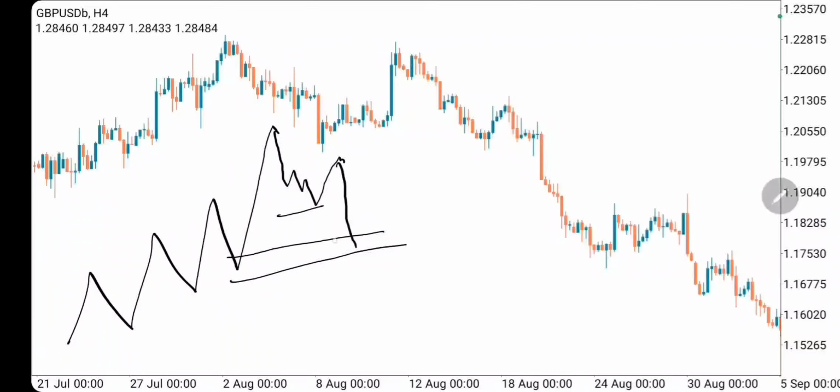You are supposed to step down. This could be your H1 time frame, or H4 time frame, or 30 minutes time frame.